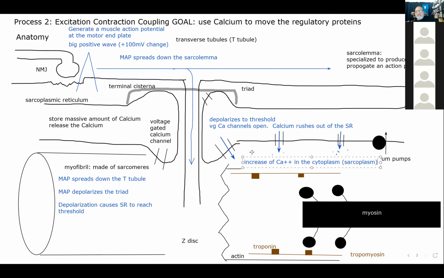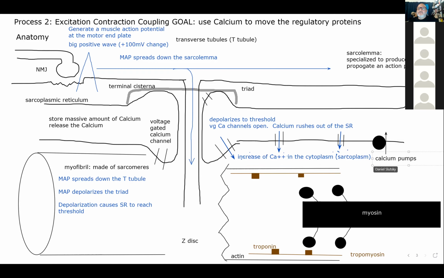Now, as I mentioned, there are all these pumps, but are these pumps going to be able to get all of the calcium back into the sarcoplasmic reticulum? No, some will get back into it, but just like we saw before, we have more leaving than these pumps can put back inside. And so as a result of it, there's an increase in calcium in our cytoplasm.